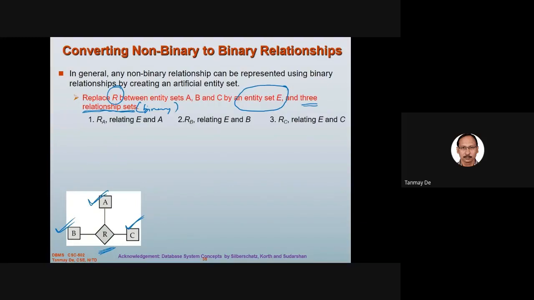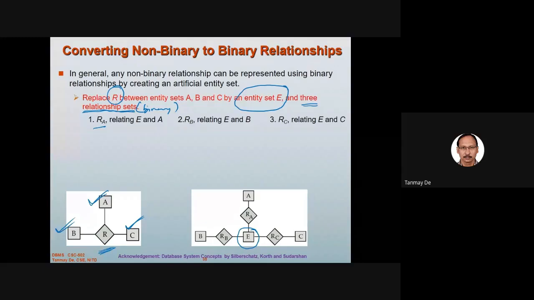That is, RA is the relationship set associated with E, and it's better if we show the figure. You can see here the relationship set R is replaced by another dummy or created entity set E. We also use the three relationship sets RA, RB, RC.